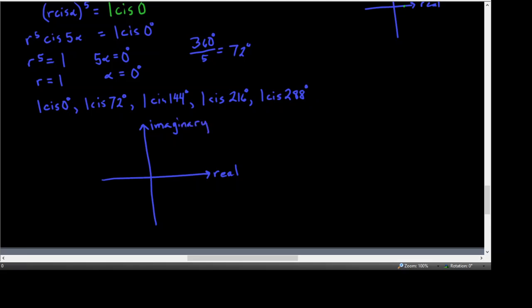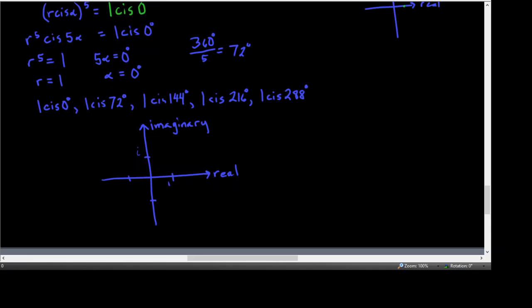And because the modulus, the radius, is 1, I'm going to make my marks on the axes fairly large. So that's 1, and that's i. There. This is negative 1 and negative i.